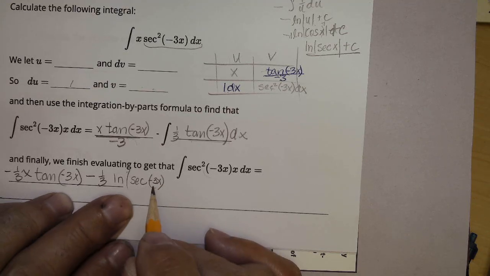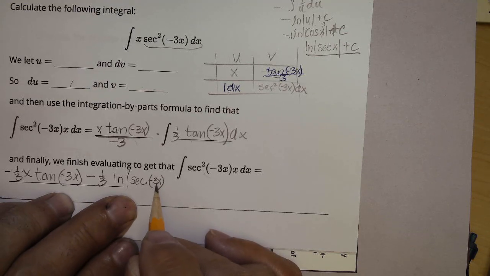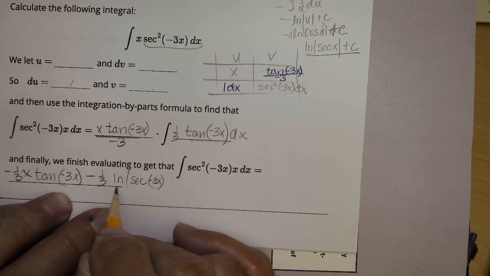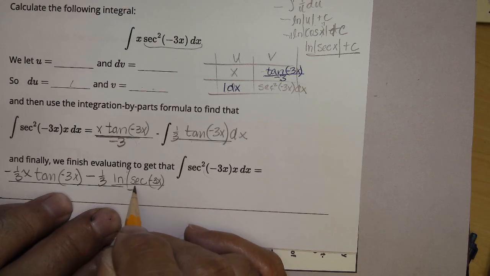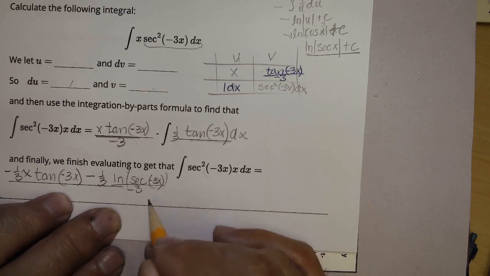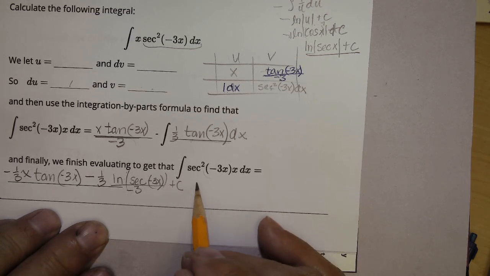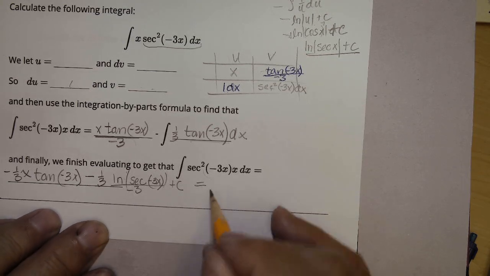But if I took the derivative of that, I would get tangent and times a negative 3, so I have to divide everything by a negative 3 plus c.